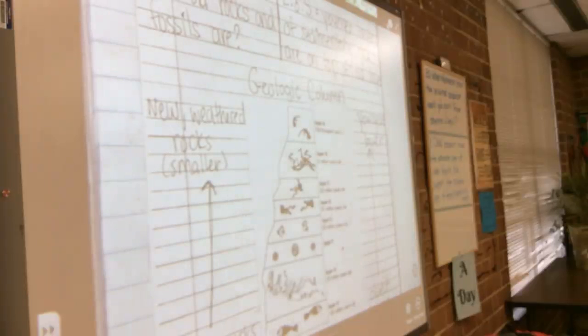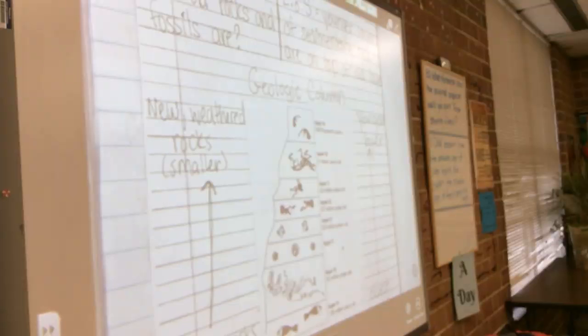And on that picture, you can see that layer A is how many years old? 750,000 years old, which sounds old to us. However, layer H is how old? 100 million years old.